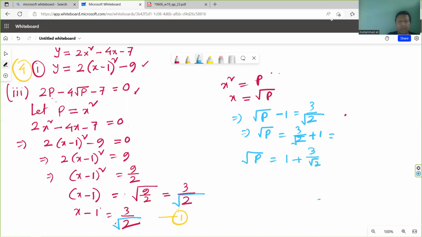If we square both sides, we will get p equals 9.74.